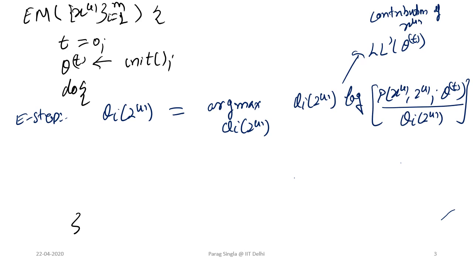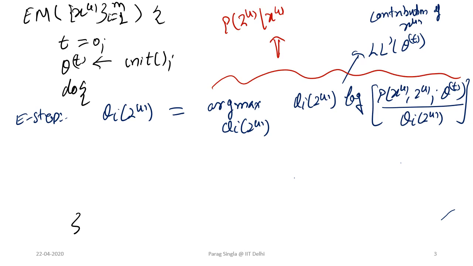In other words, Qi of zi is the distribution that maximizes this lower bound at the given point theta t, which is exactly why we have this argmax. We have seen earlier that this entire expression results in P of zi given xi, parameterized by theta t.